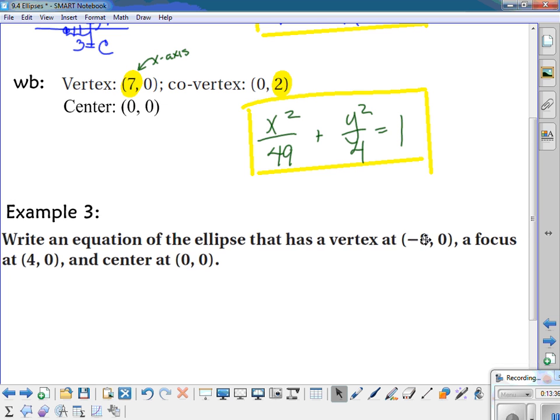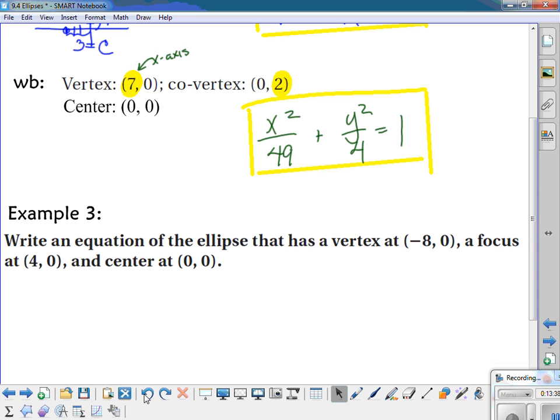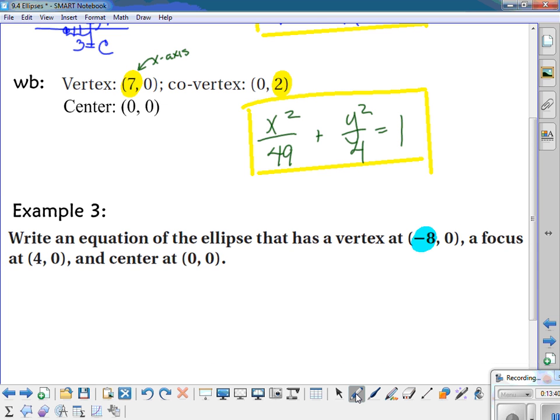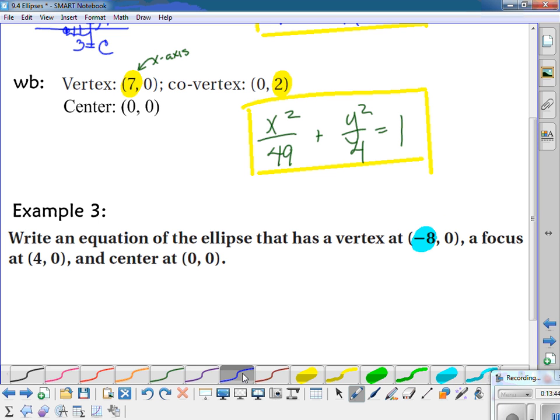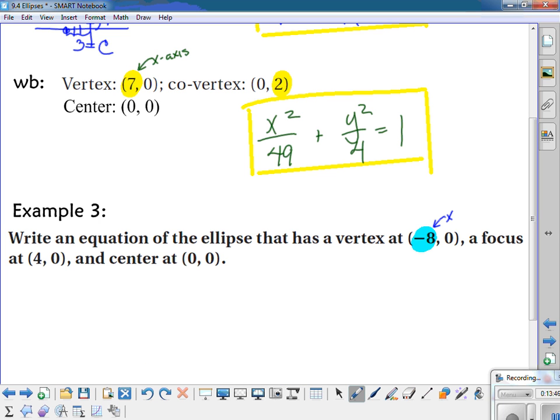All right, so this time I see that my vertex is at -8. It's on the x-axis. So I know part of my equation is x squared over 64. But what I don't know is what my y squared is over, because I don't have the co-vertex.